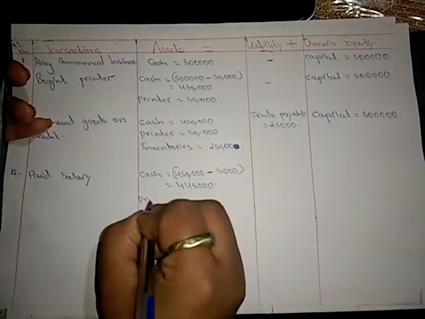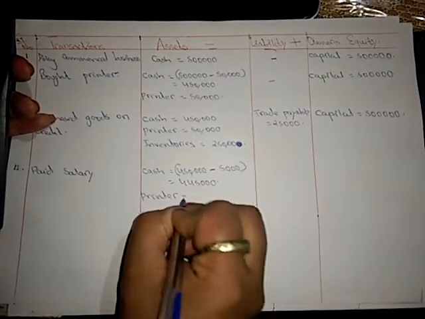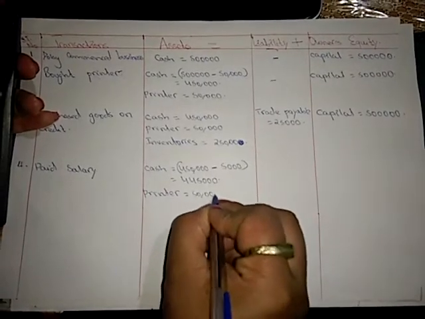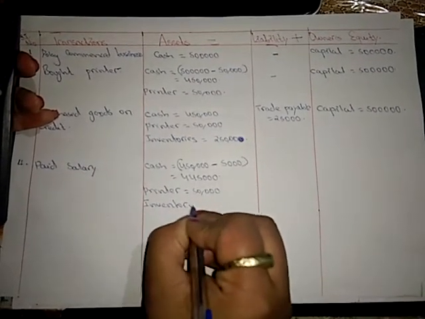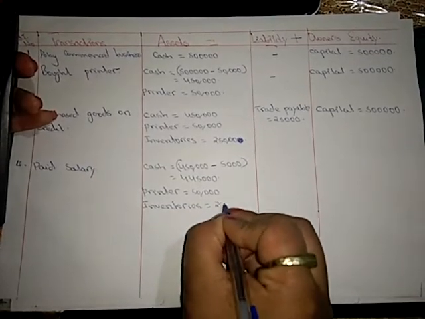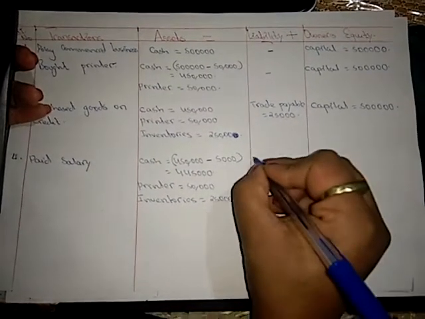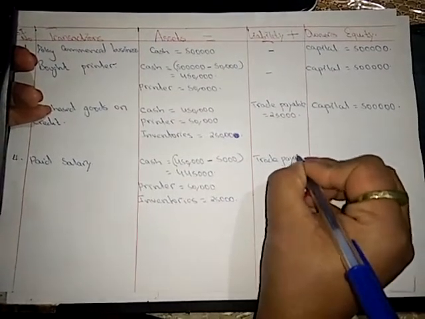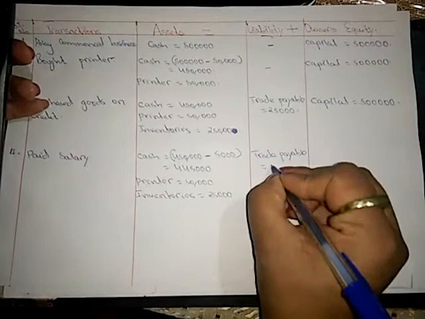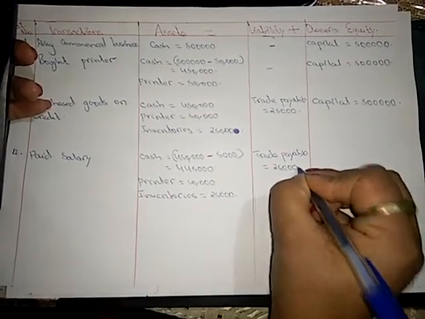Nothing is said about the printer. You have to write as it is, 50,000. Inventories also, nothing is said. You have to write the same amount, 25,000. Trade payable will continue to be the same amount because nothing is being said. So trade payable is 25,000.